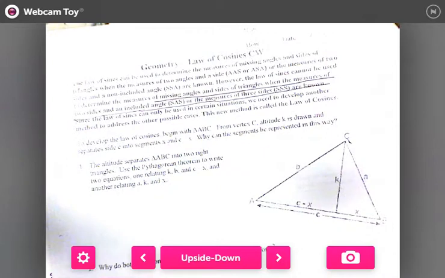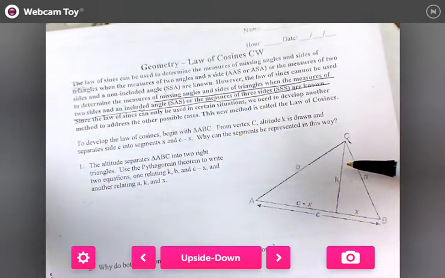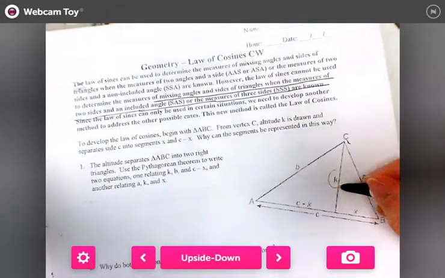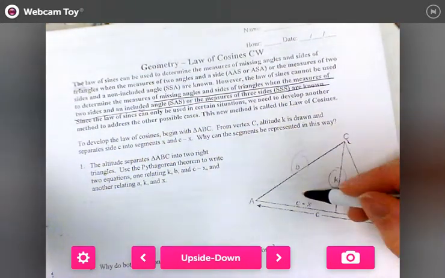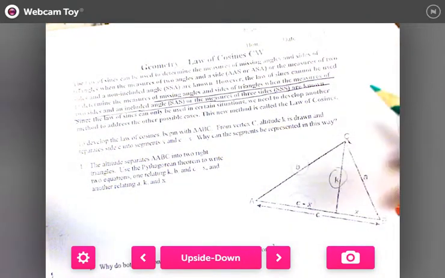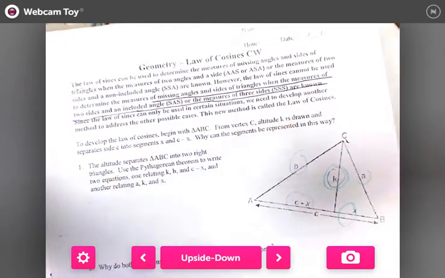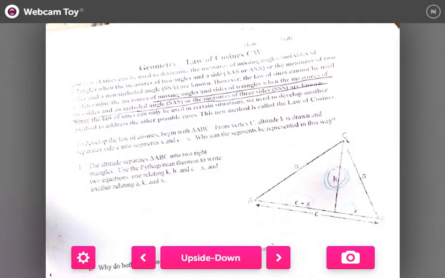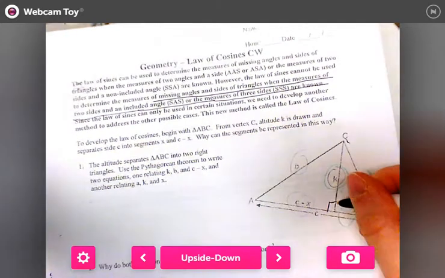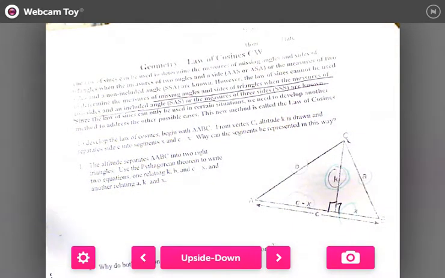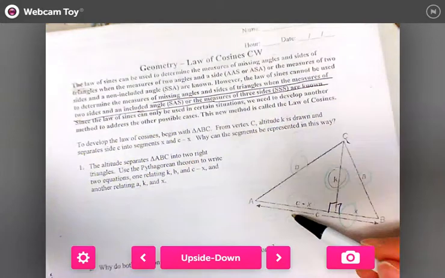The altitude separates ABC into two right triangles. Use the Pythagorean theorem to write two equations: one relating K, B, and C minus X, and one relating A, K, and X. Okay, so we know the Pythagorean theorem, these are two right triangles, right? It is A squared plus B squared equals C squared, where A and B are the legs.